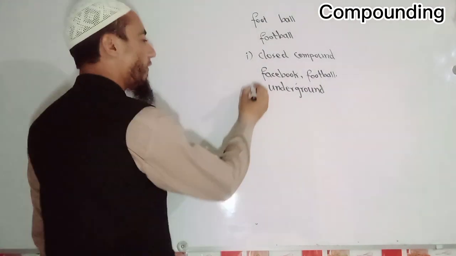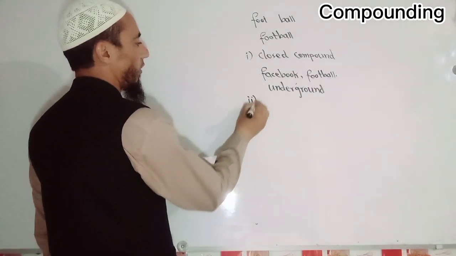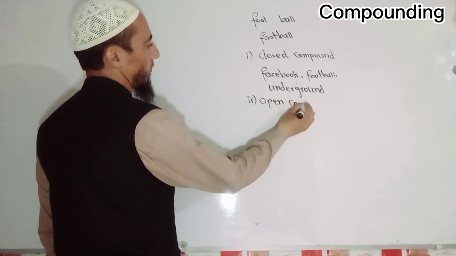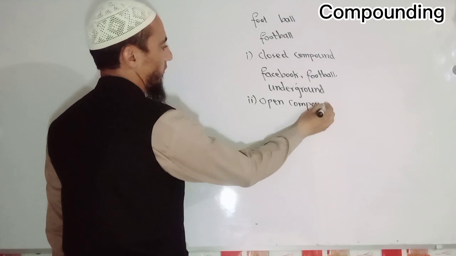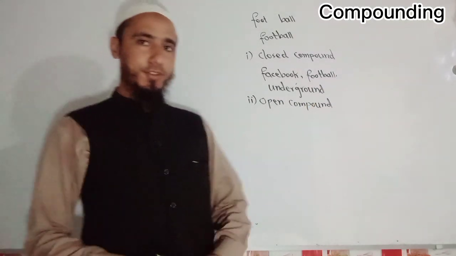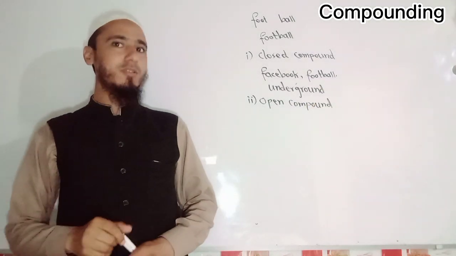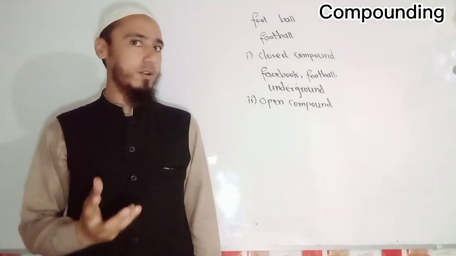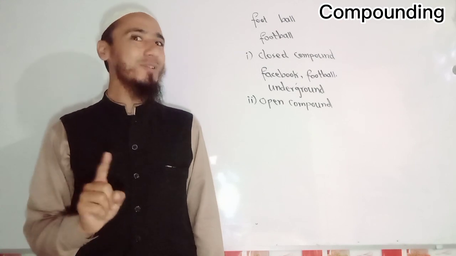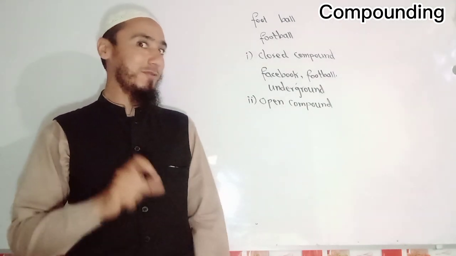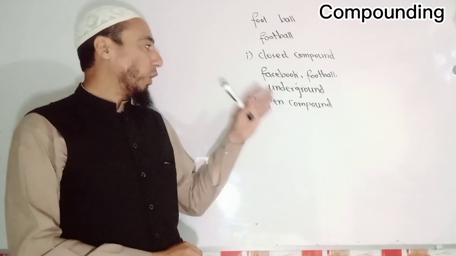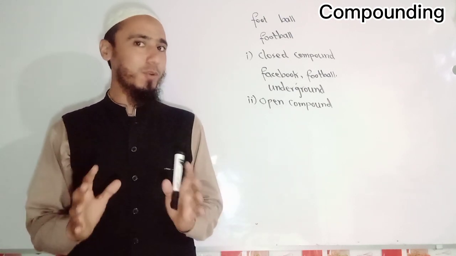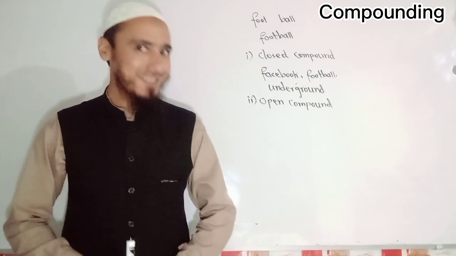The next type of compound is open compound. Listeners and audience, open compound is formed with the combination of two words, but there is a space between them.